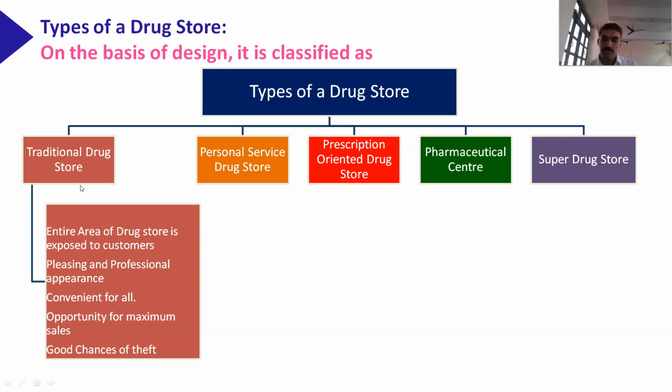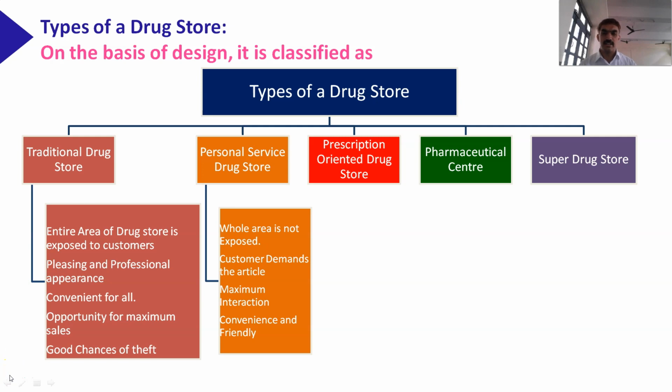Now let us move further and understand the personal service drugstore. In this type of design, the whole area is not exposed to the customer, but the customer is required to interact with the drugstore.